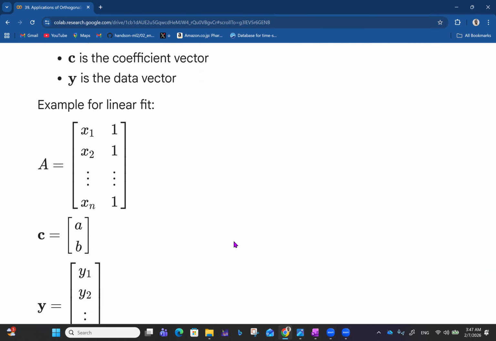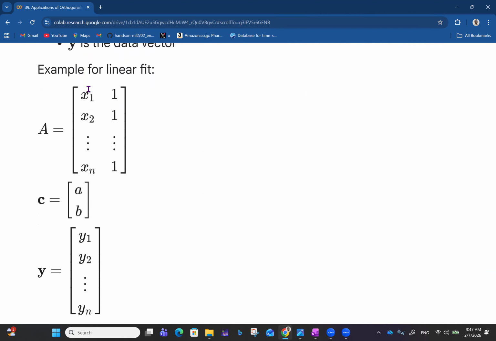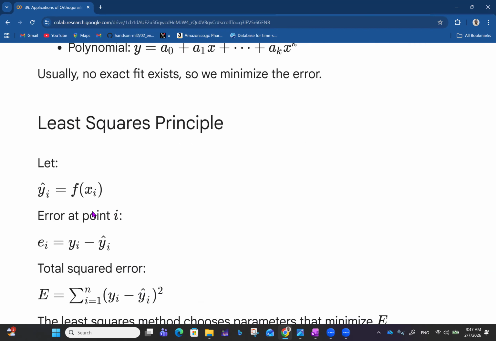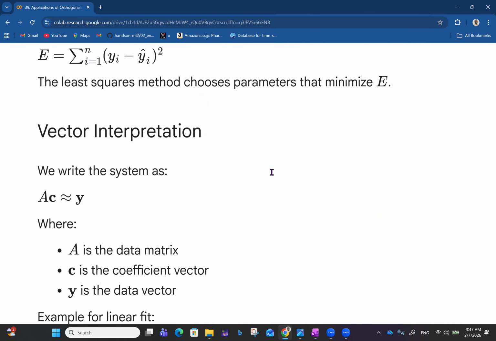So this is exactly what I just talked about. So, example for linear fit: all the x1, x2 up to xn, you augment with 1, 1, 1 like this, to make it compatible for multiplication. So C now is the a and b that you're looking for in the fitting. As you can see, for the fit we need all these a, b, c and so on and so forth.